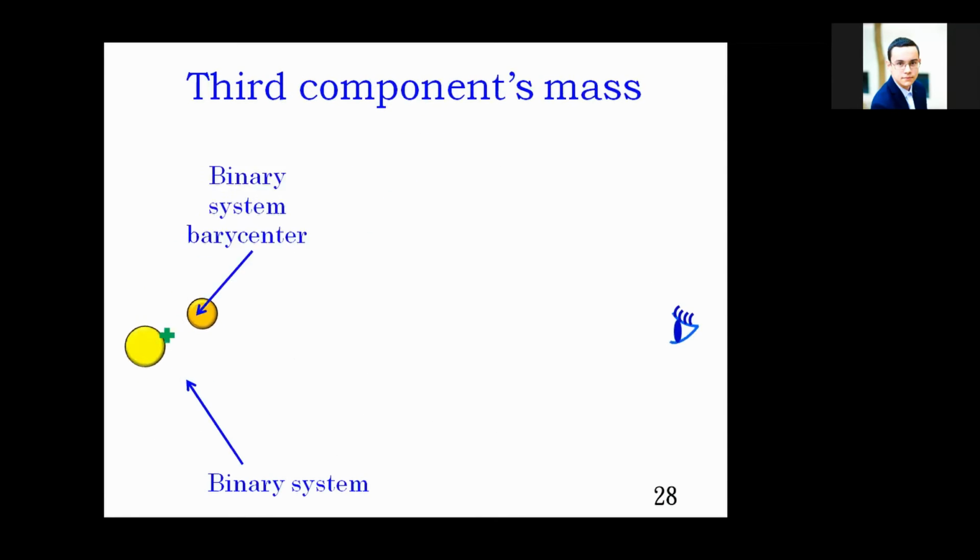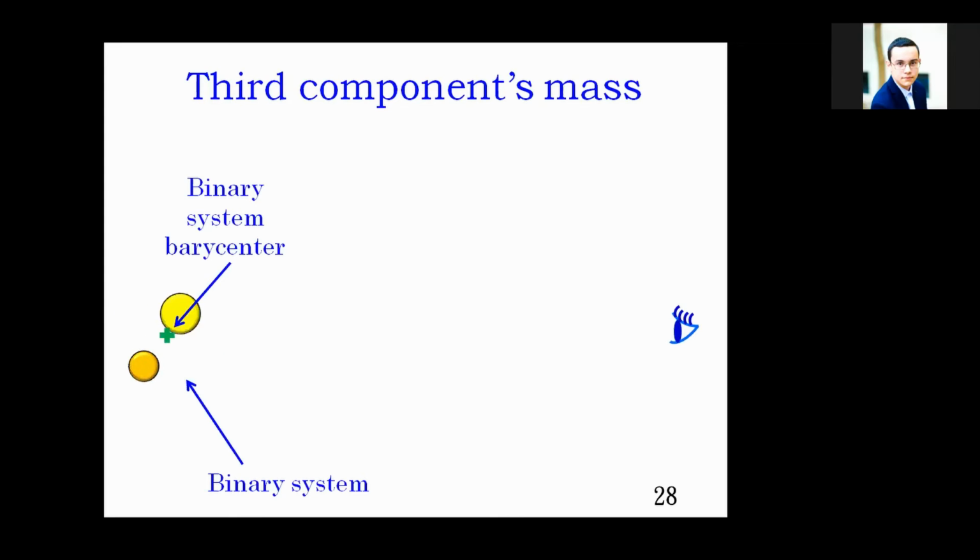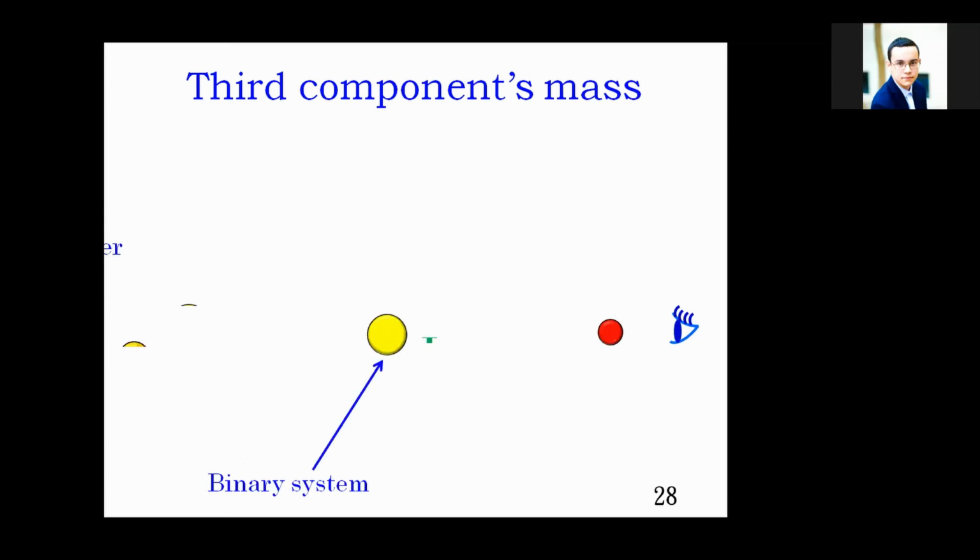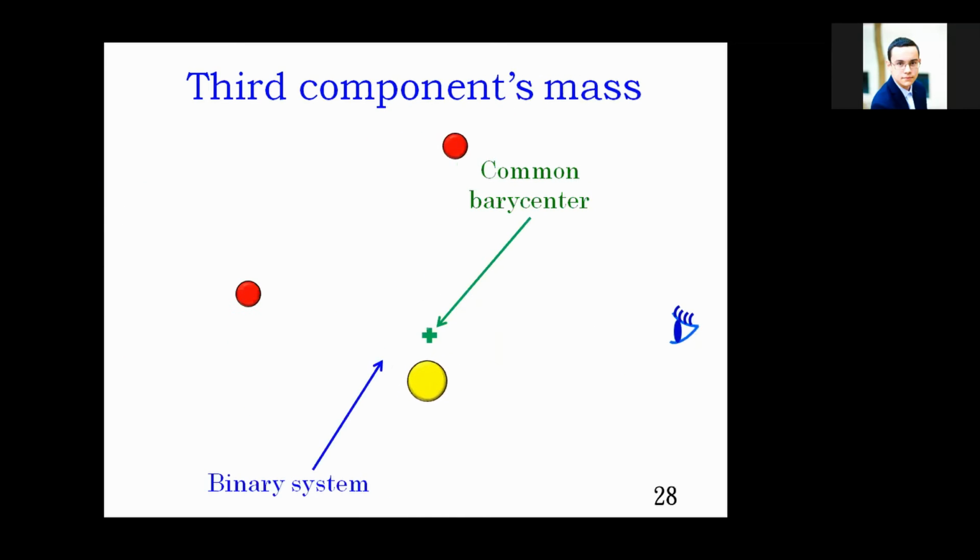To compute the mass of the third component, which could be an explanation for a cyclic O-C curve, we need to solve the problem of three bodies. It could be solved only numerically, so we simplified it. We considered the two close bodies of the system as one, and the third component as rotating around this one big star.